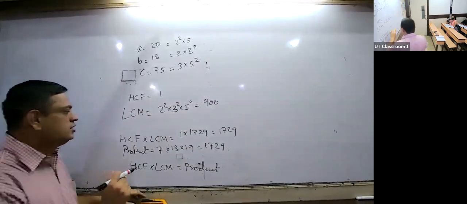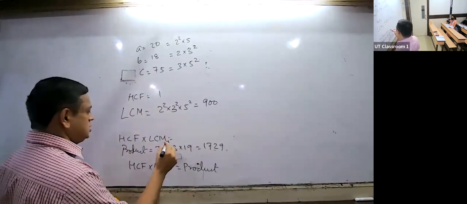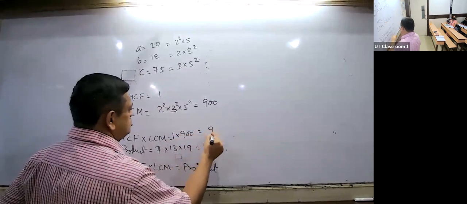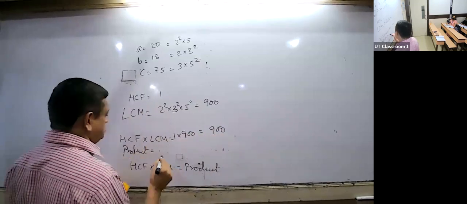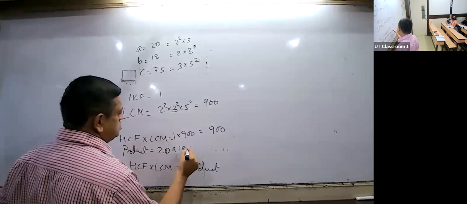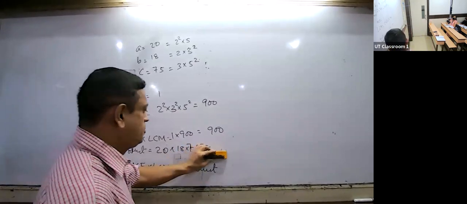Okay. Now what will be HCF into LCM? It is 1 into 900, which is equal to 900. Check what is the product: 20 into 18 into 75. Who will multiply and tell? Let's see.